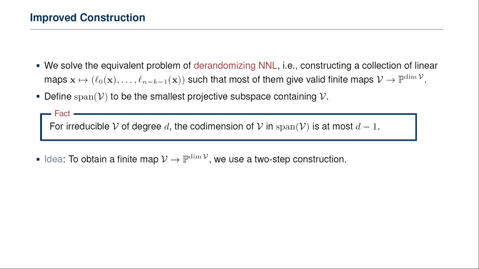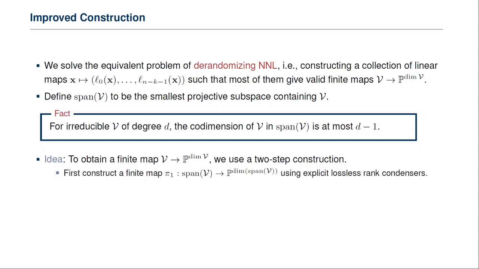And our idea is to use a two-step construction. We first construct a finite map pi1, not on V, but on the span of V. And this can be achieved efficiently using explicit lossless rank condensers because the span of V is a projective space, and its degree is 1. And then we construct a finite map pi2 from pi1 of V to a projective space.